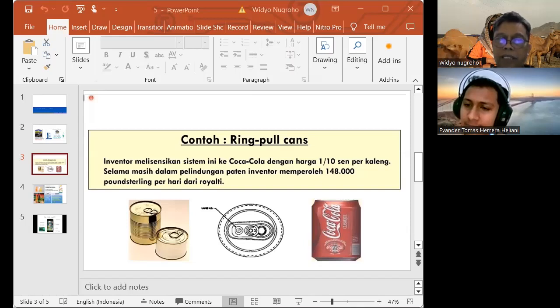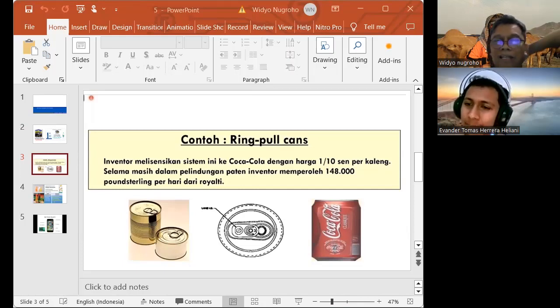They must obtain permission from the inventor. If someone is found using it without permission, there are penalties to be faced. By registering their invention, the inventor benefits by licensing this system to Coca-Cola at 14 cents per can.